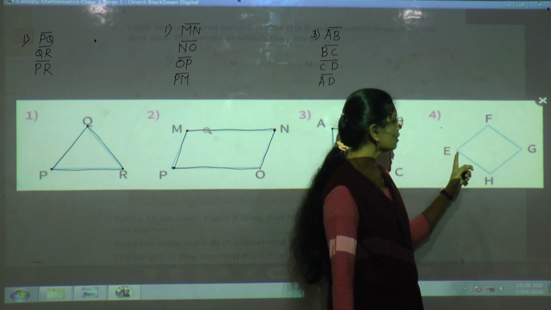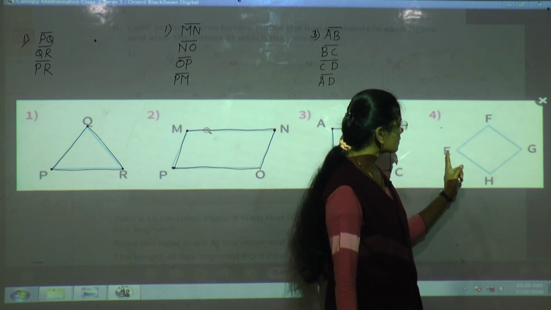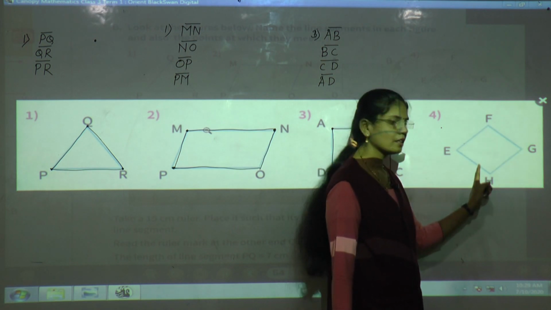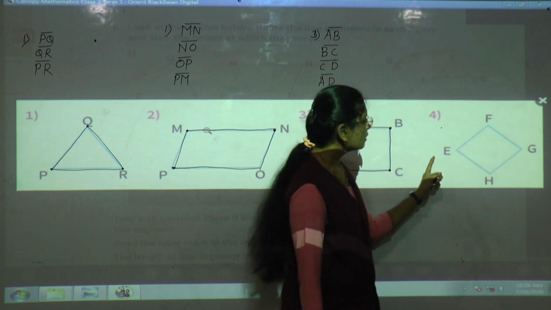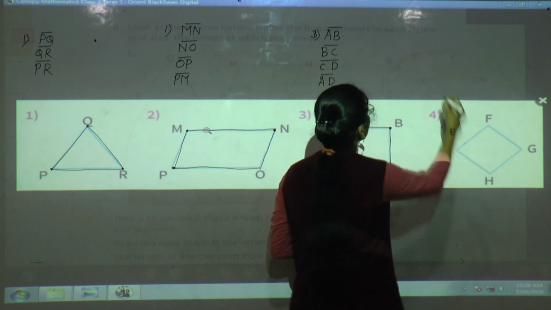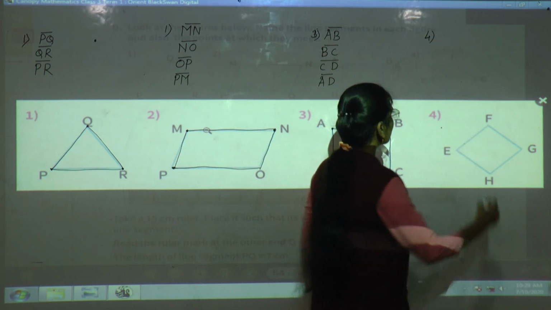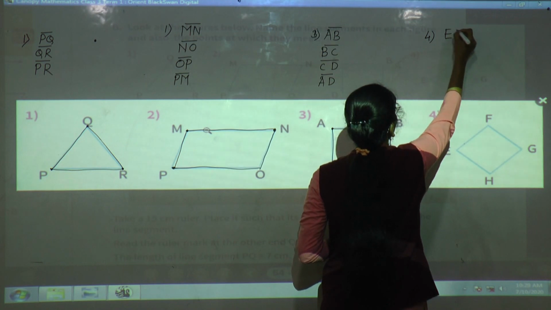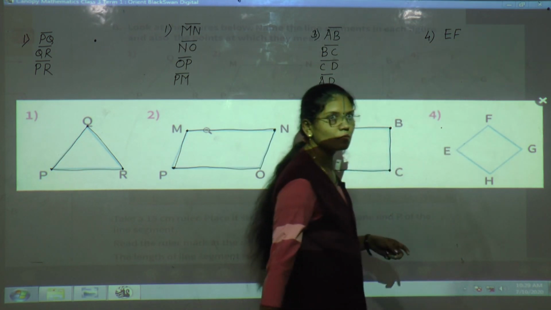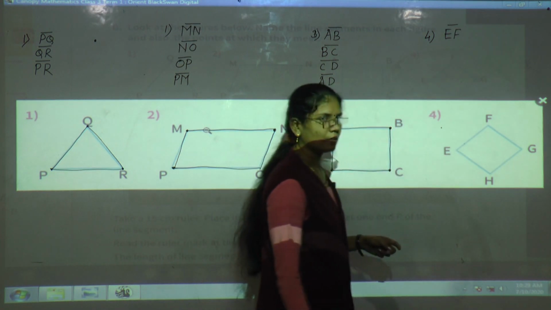See here, this is also a square and the name of the square is EFGH. Okay. Now first of all we will write the line segments. What are the line segments? Yes, first is EF. How can we write the line segment? EF and give its symbol at the top of the EF.